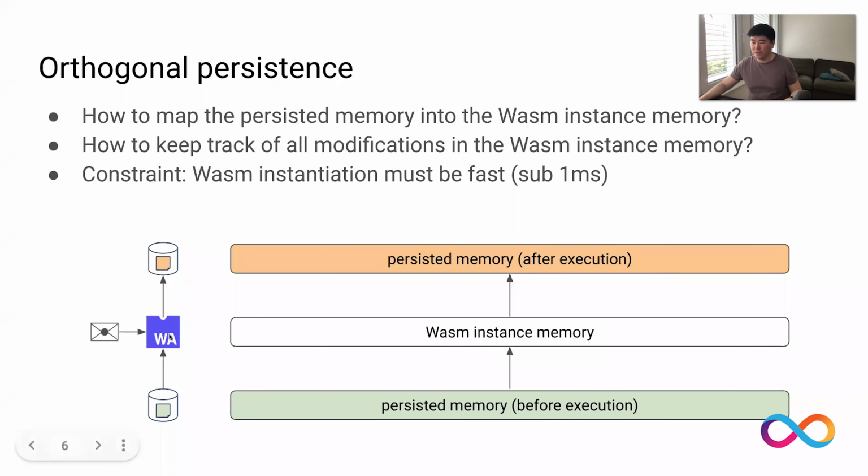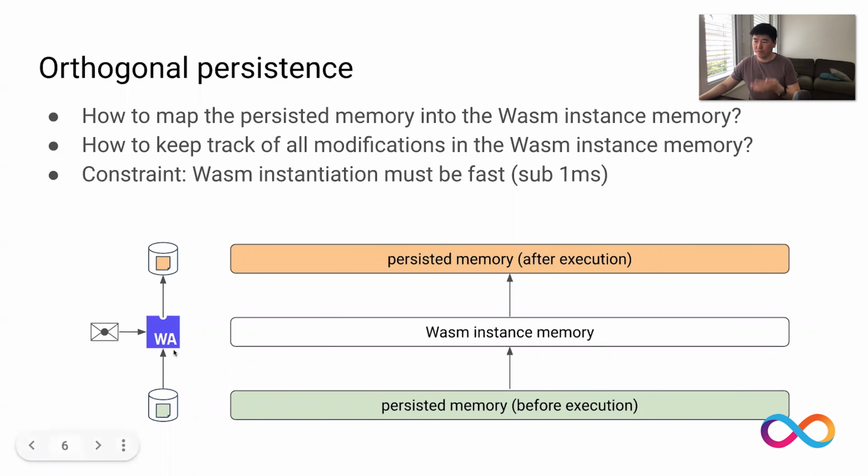And then when the WebAssembly is running, how are we going to keep track of modifications in the memory so that they can be persisted later on? The main constraint here that rules out many implementations already is that we want the whole execution to be very fast, especially for messages that don't do a lot of work.